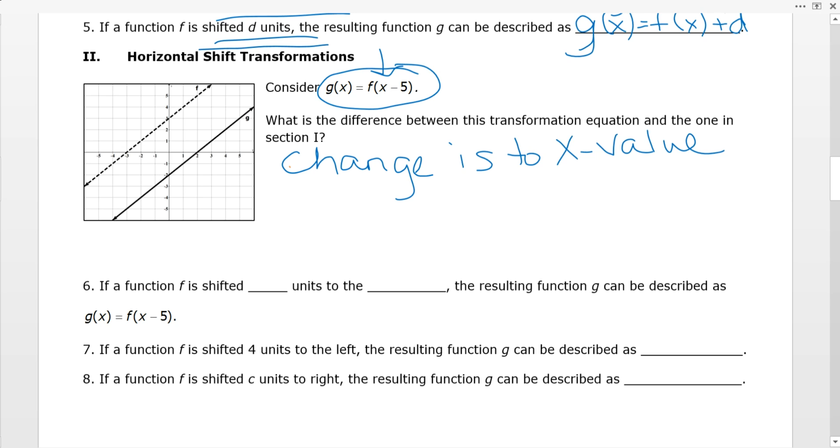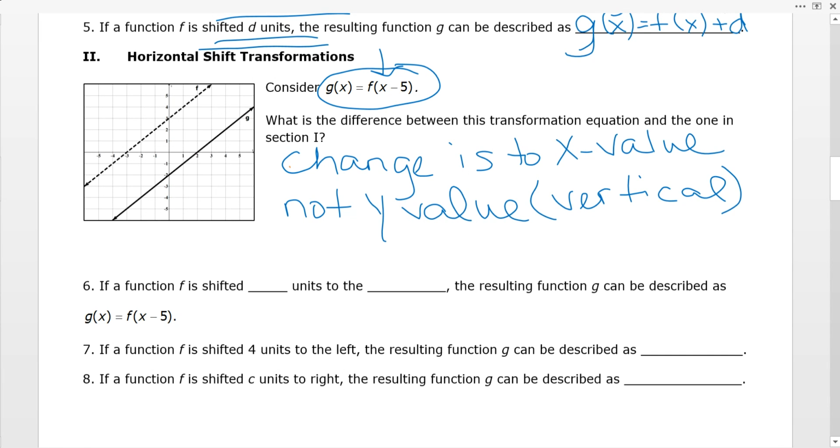So if f of x was x minus 3 like it was above, then we would take our x value, subtract 5 from it, and then do the minus 3 that was in our function from before. So the change is to the x value, not the y value. So when it's the y value, it's a vertical shift. And if we're changing the x value, it's a horizontal shift.